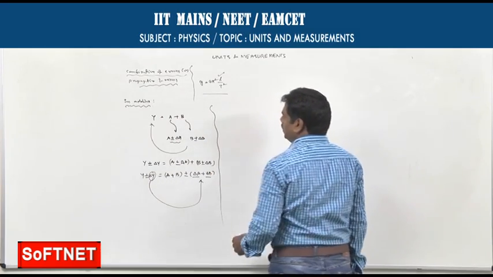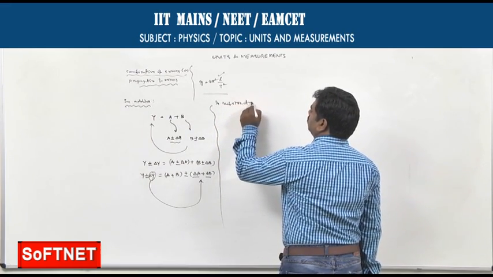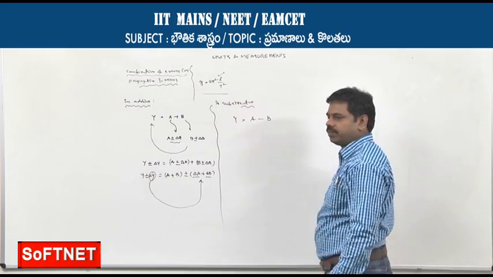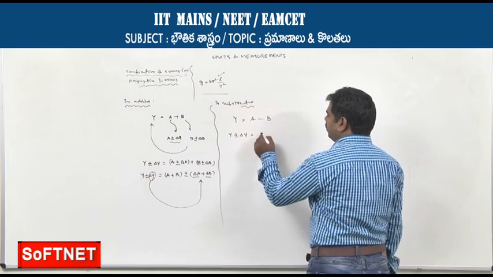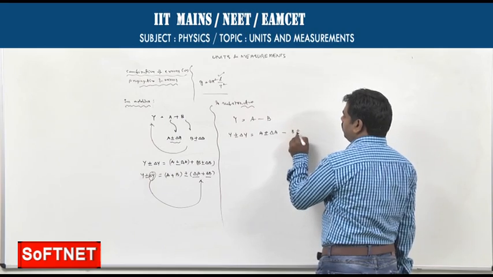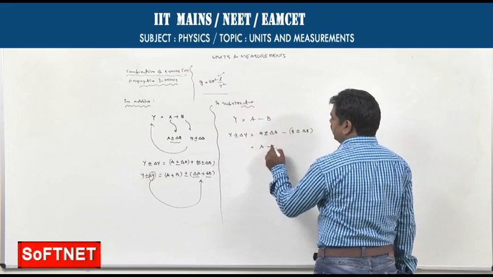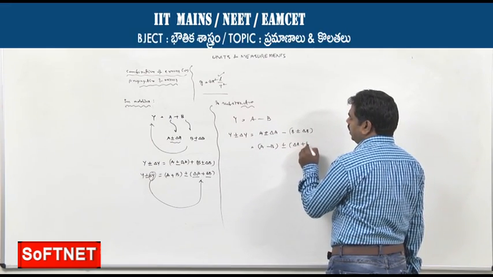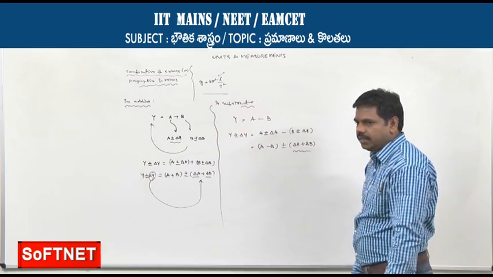And similarly, in subtraction also, say Y is equal to A minus B. Now, this again can be written as Y plus or minus delta Y is equal to A plus or minus delta A minus B plus or minus delta B. And finally, we can write this as A minus B plus or minus delta A plus delta B. Don't write this as delta A minus delta B. Why?